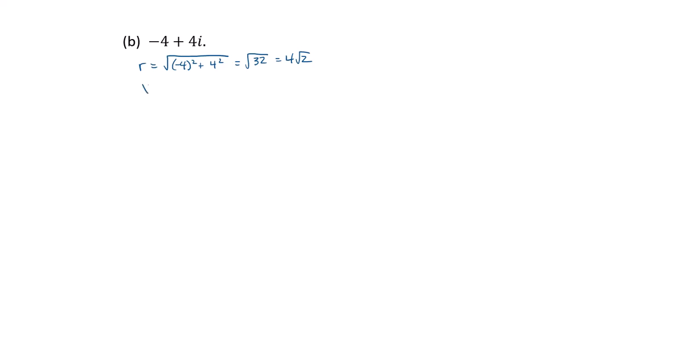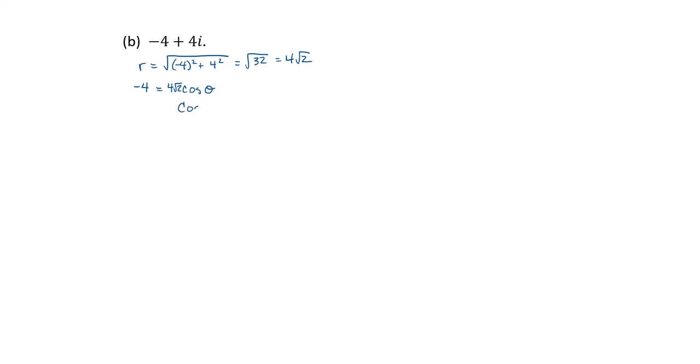Now I know that x equals r cosine theta. My r is 4 square roots of 2, and x is negative 4.